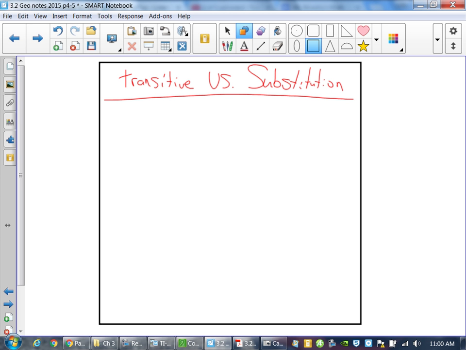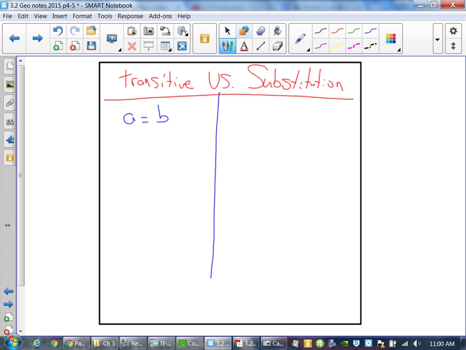So what I need you guys to do is I want to make sure we have an example on our progression sheet so that we don't make a silly mistake about the difference between transitive and substitution. Because if we have this information on there, you're going to be hard pressed to screw it up. Transitive property is always A equals B, B equals C, A equals C. Remember, it's always on the diagonal.